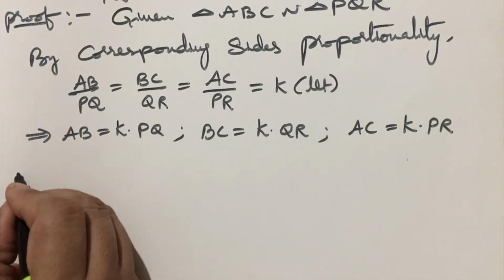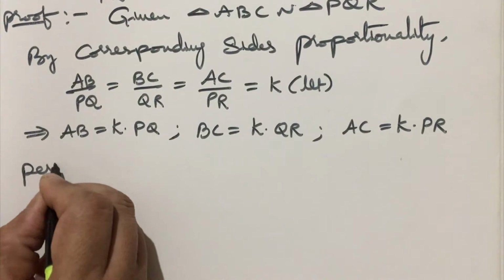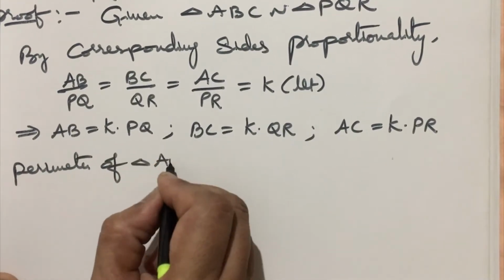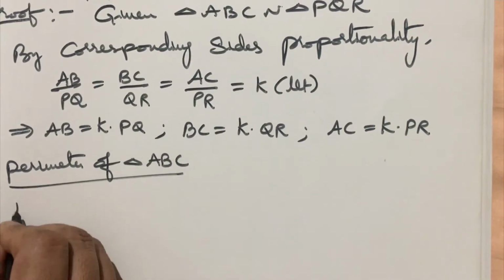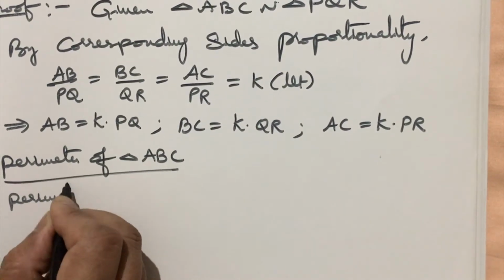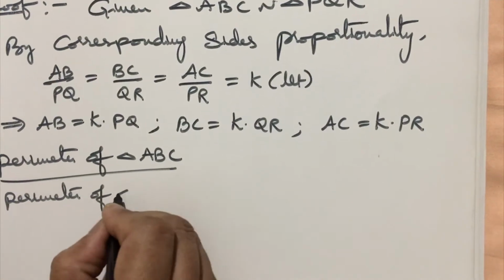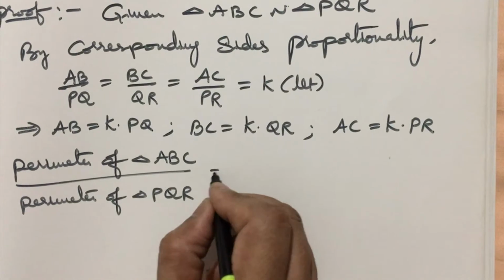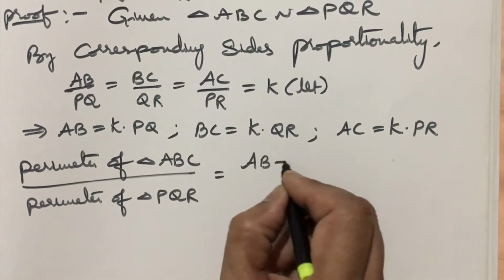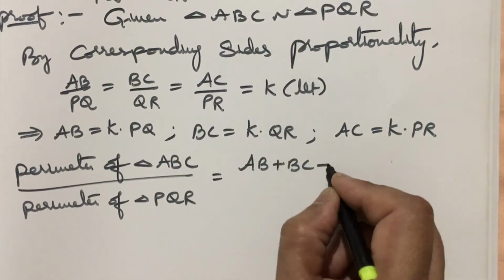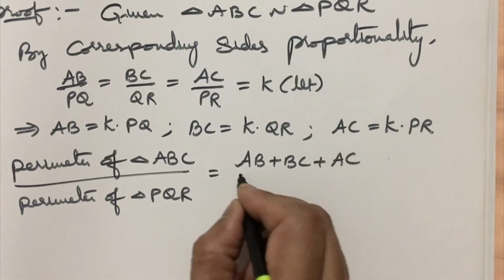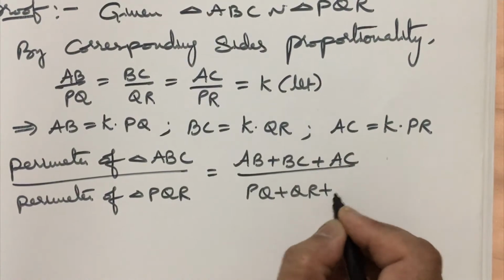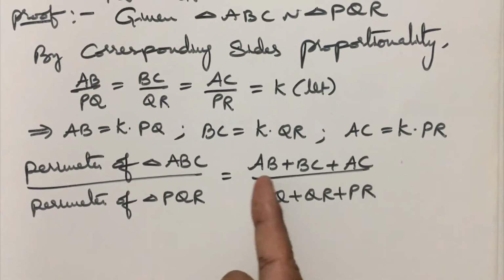Now let us consider the perimeter of triangle ABC by the perimeter of triangle PQR. Perimeter means adding all the sides of the triangle. It is nothing but AB plus BC plus AC by PQ plus QR plus PR. But here AB value is how much?